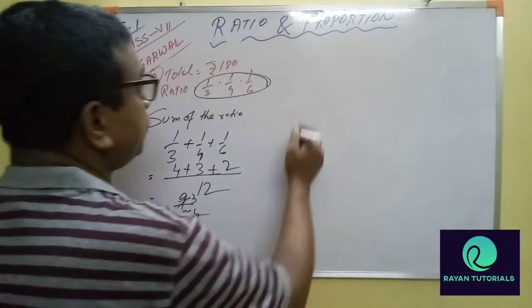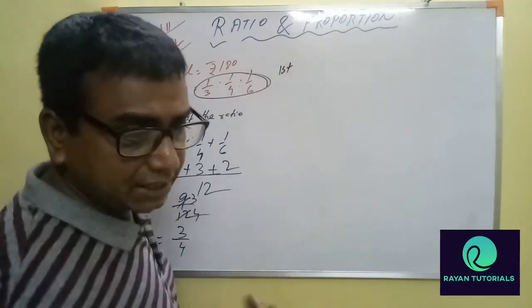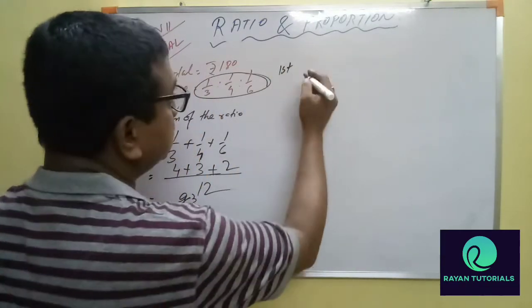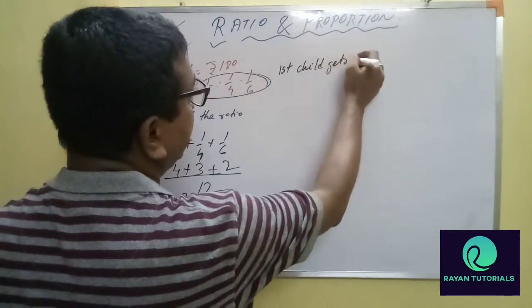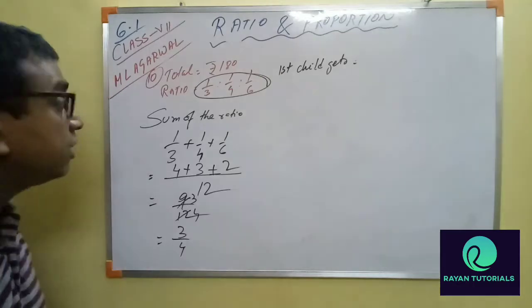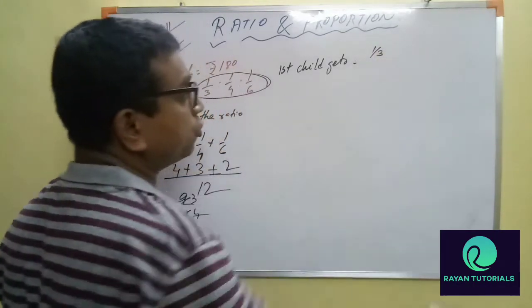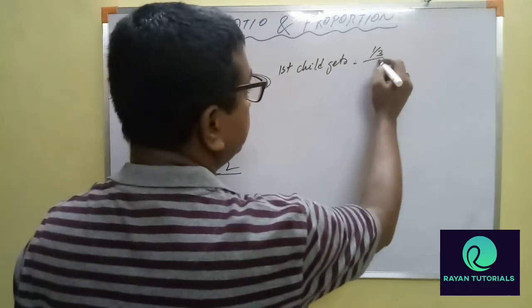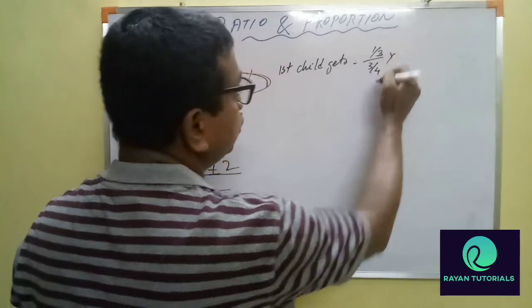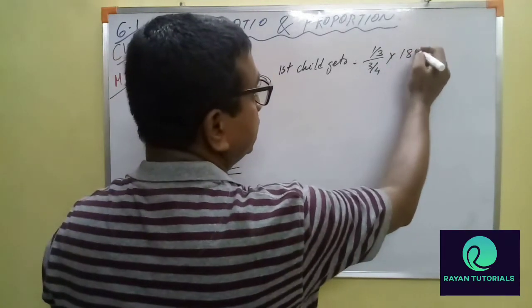Now, therefore, first, what is this? Person or child? Child. First child gets. What was the first child's ratio? 1 by 3, divided by total sum 3 by 4, into the total amount 180.